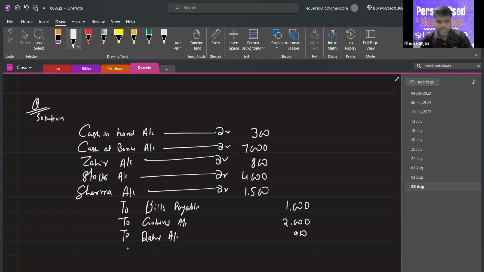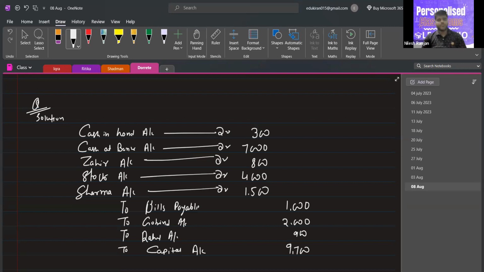And last one is capital, so it is 9,700. Done. You can see both are equal. If you add these, you will get 13,600. If you add these, you will get 13,600. Is this clear?